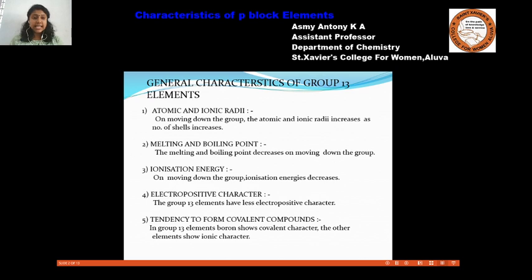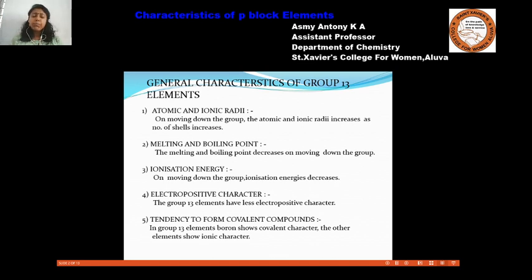So the nuclear charge felt by the electron will decrease. So it is very easy to remove the outermost electron. So the ionization energy, that is the energy needed to remove the last electron, will decrease. So down the group, the size increases and the ionization energy decreases.